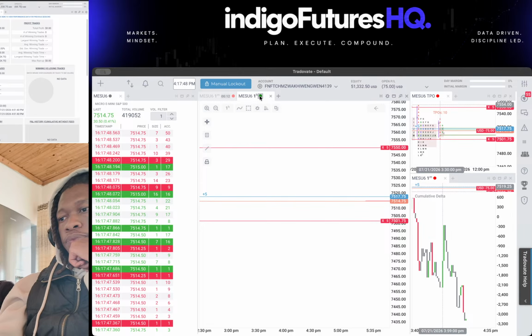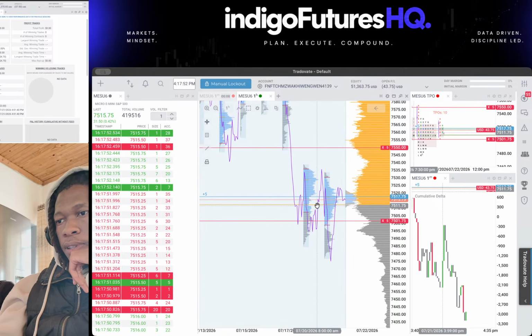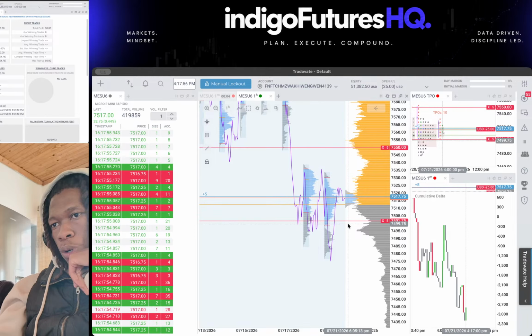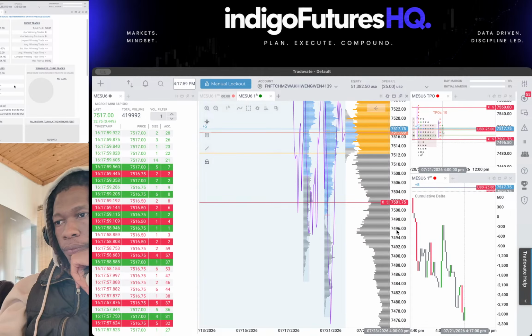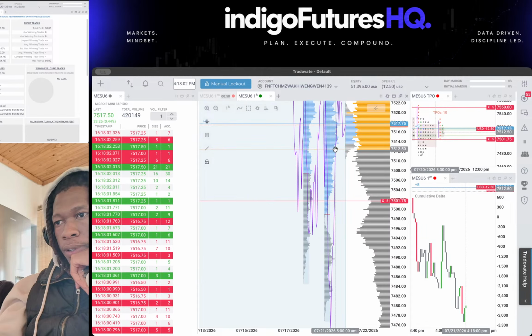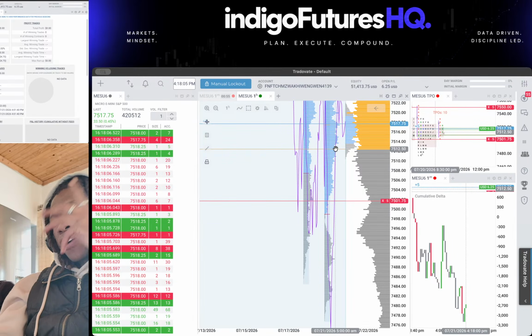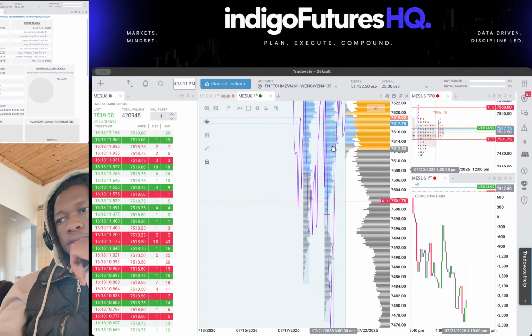Again, just to make sure where we're at in context of the composite, still above value area low. Alright. Value area low is at 512, so you can stay above that. That's okay.